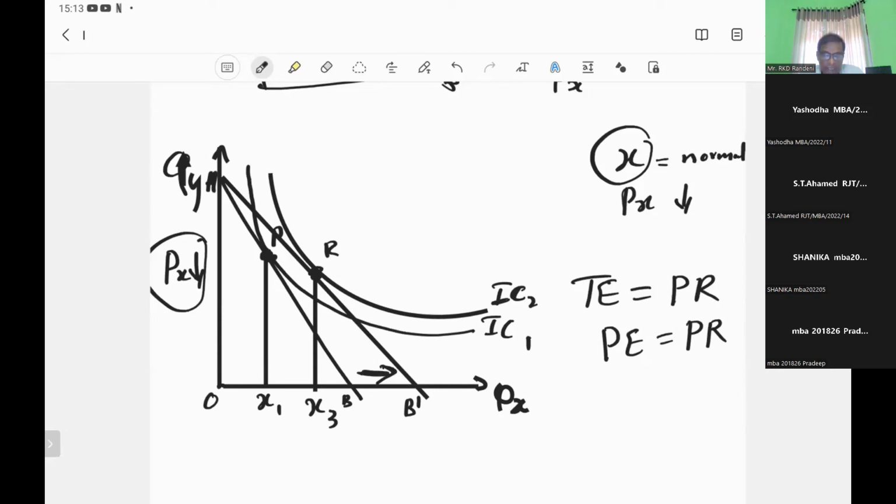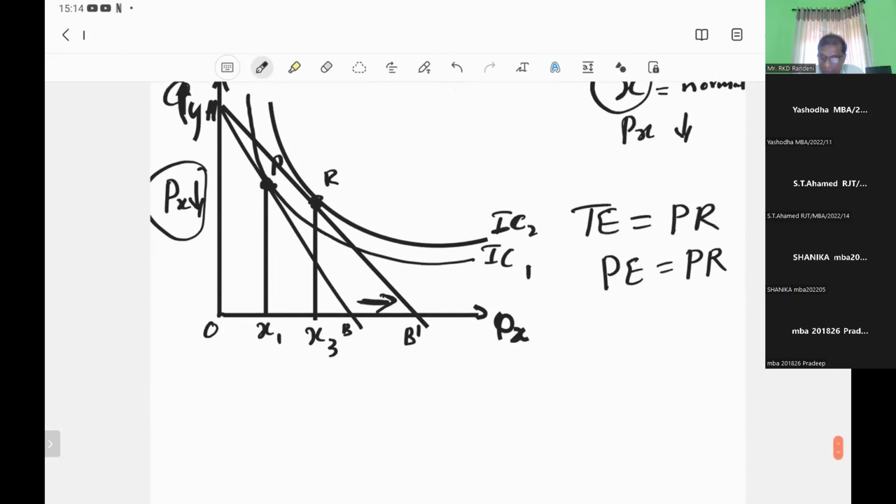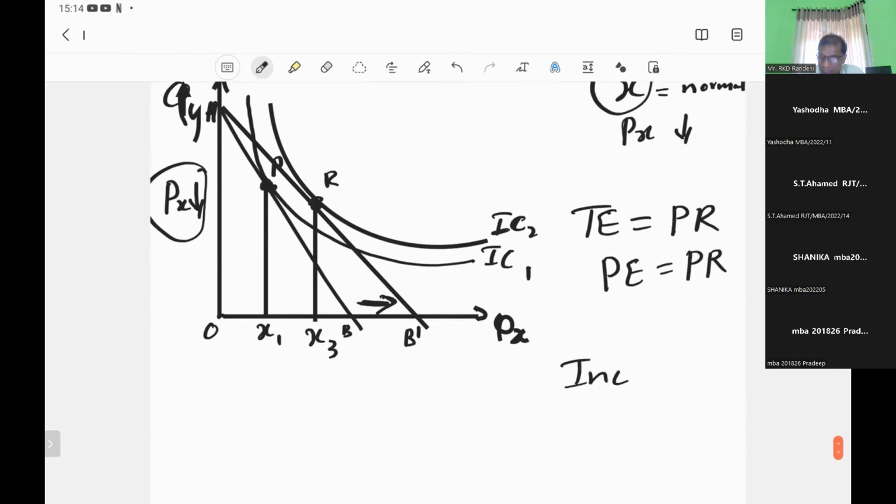According to this theory, in indifference curve analysis, we can measure the two effects, the income effect and the substitution effect. Now, there is a strategy.